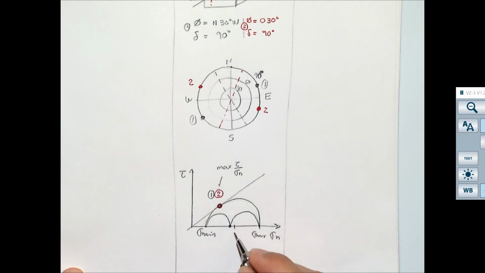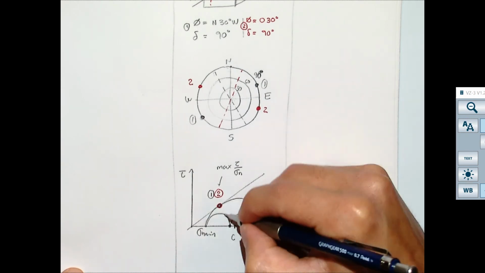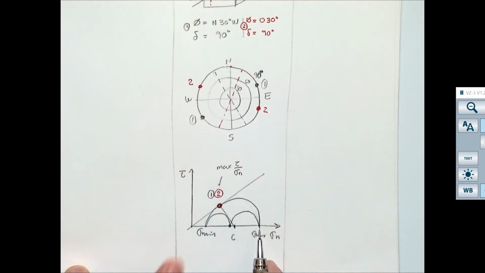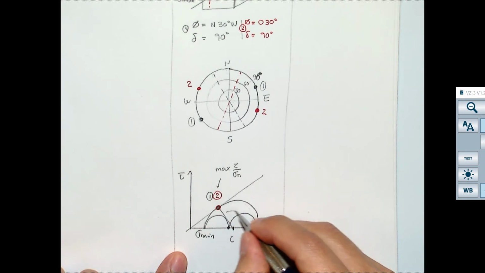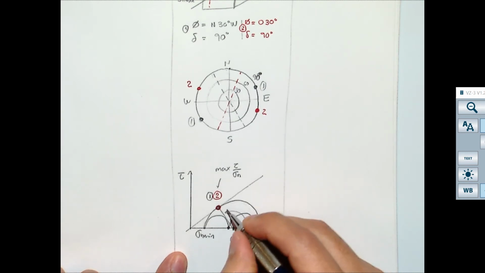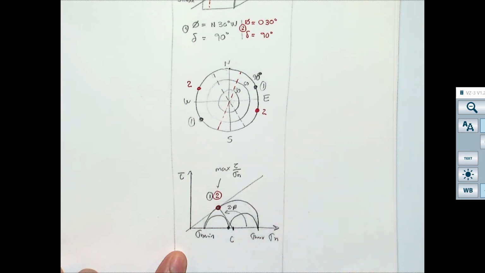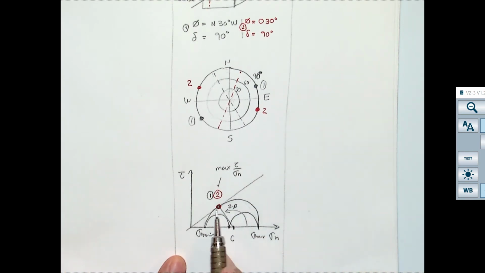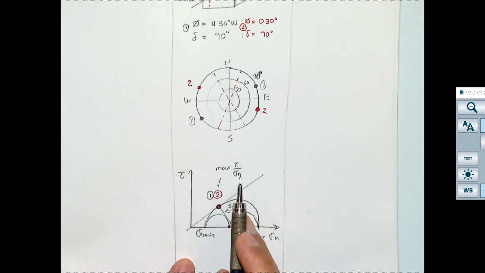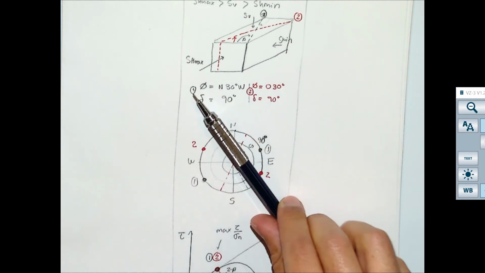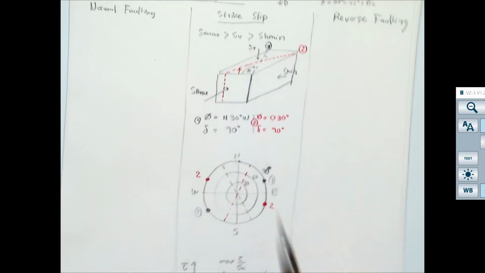The big circle here has a center somewhere over here, and that point is going to be located from this center of those 2 points at an angle of 2 times beta, which in this case is 2 times 60 degrees, and it is at that point where I find the maximum shear to normal stress, and that's what also controls the strike of these faults and also the orientation of those.